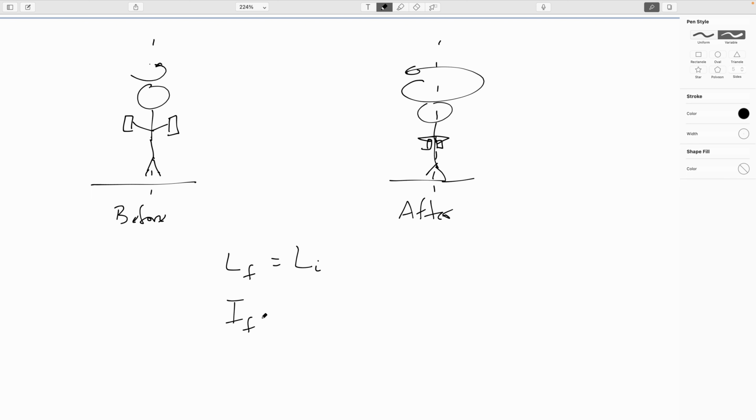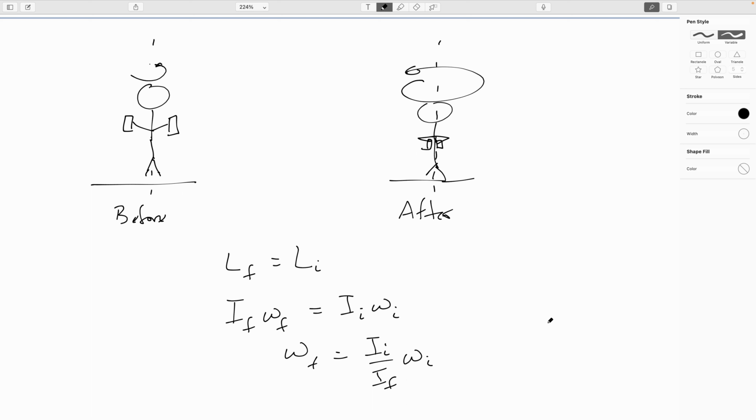So this will be I final omega final equals I initial omega initial. So my final angular velocity will be my initial moment of inertia over my final moment of inertia times my initial angular velocity.